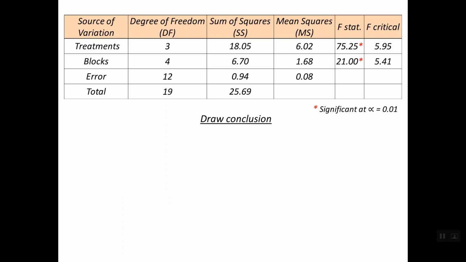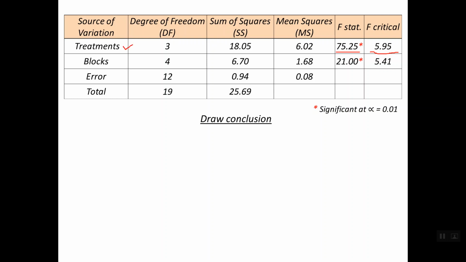So now we need to draw a conclusion for our calculation. Simply, in order to make a conclusion, we should compare the value of the calculated F, or F statistic, and the value of the F critical.